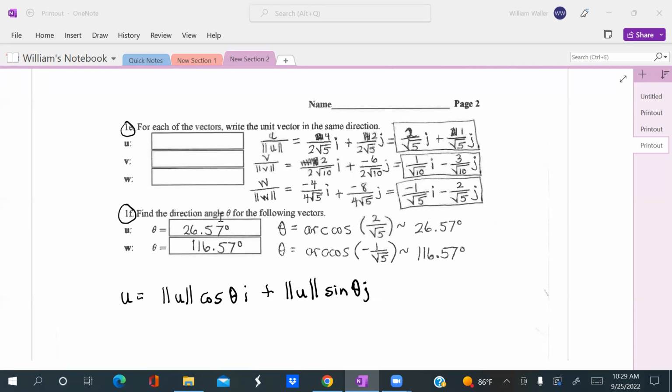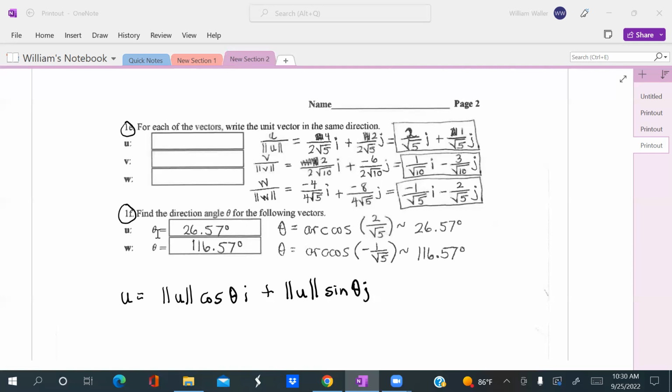One of the things we're going to have to do for sure on the test is find the direction angle for a vector. Remember, in 2 dimensions, the direction angle for a vector is just a single value, a single angle. But in 3 dimensions, you have 3 different direction angles for a vector.